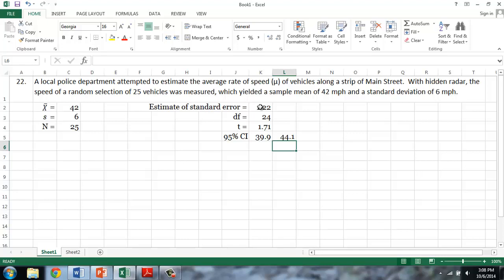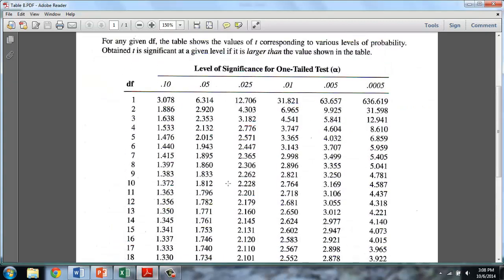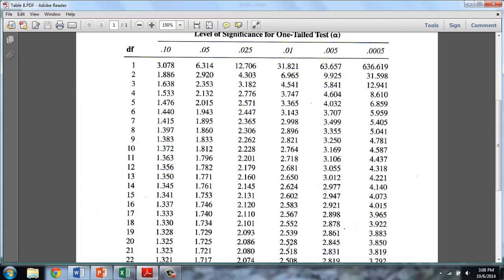We can also calculate a confidence interval for other levels of confidence. For a 99% confidence interval, we look back at our table at the 0.01 column, which is 1 minus 0.99.